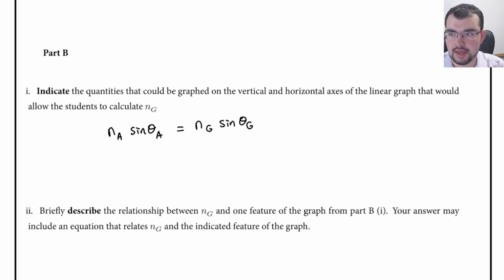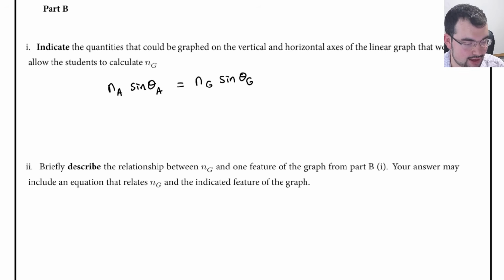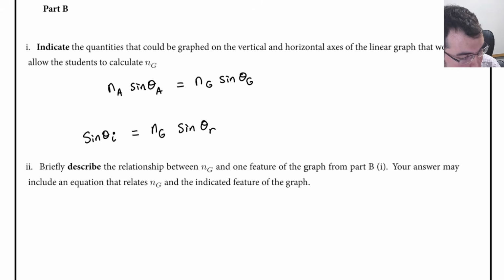Okay. And we were given that the index of refraction in air, we could just approximate as 1. So we can say that our air angle was the incident one. So we can say sine of theta I, 1 times that, is equal to n_g times sine of theta R.